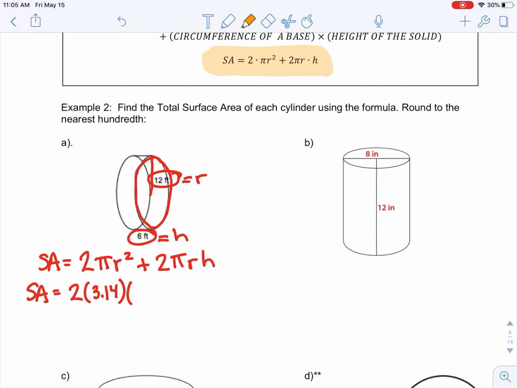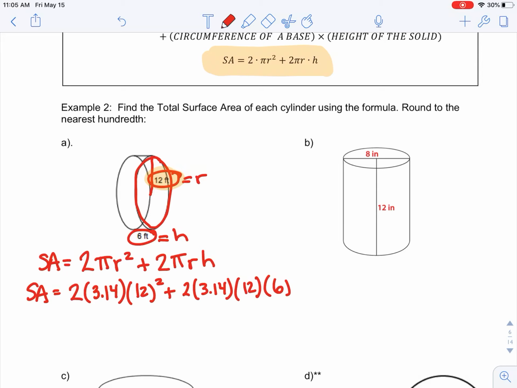The radius we said was right here. It was 12 feet squared. 2 times 3.14, again, that's the radius, but then the height was 6.